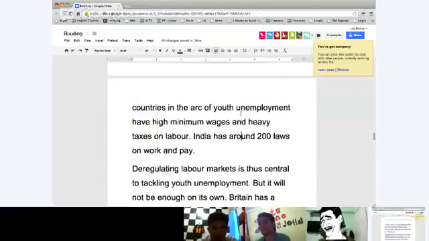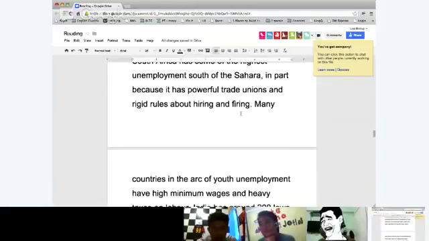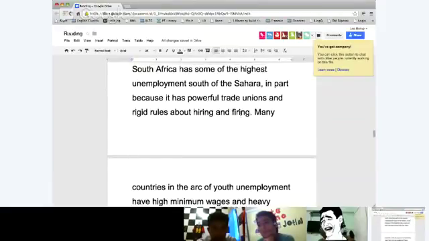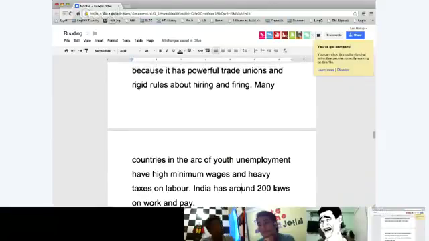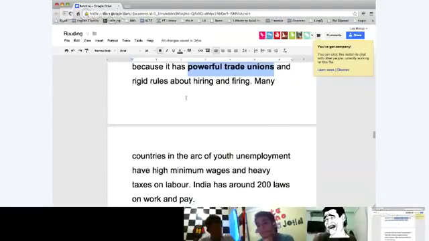So this author is saying that one reason why there might be some unemployment is because there are lots of powerful unions that have demanded higher wages and things like that. On the one hand, that's good for workers, of course.